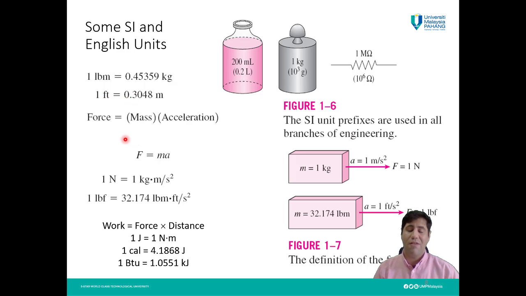And we have other units, or secondary units, which are derived from the primary or fundamental units, like force. The unit for force is Newton. As you know, force is equal to mass times acceleration. The unit of mass is the kilogram.